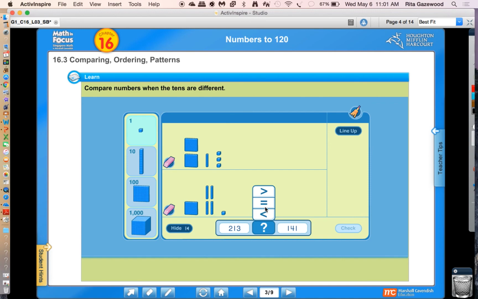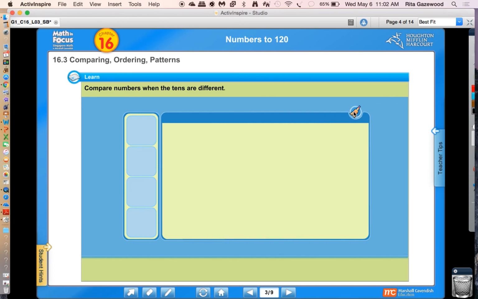Well, they're not equal. They're not the same, right? Or 213 is less than. It has fewer. Oh, it definitely has more. I'm going to check it. Do you think I've got it right? Yay! I got that big doozy of a problem right. Good for us. Let's move on to the next one.